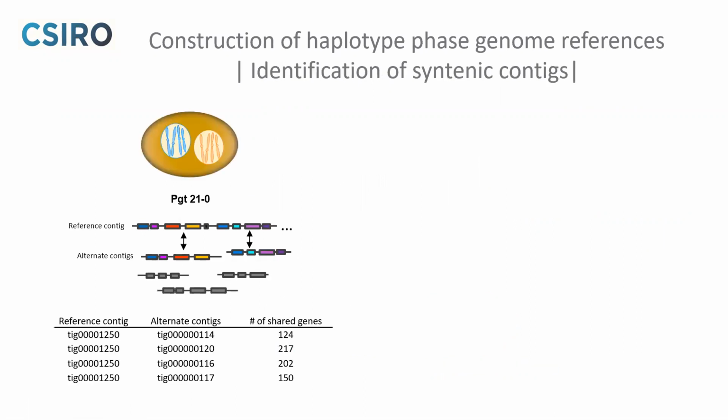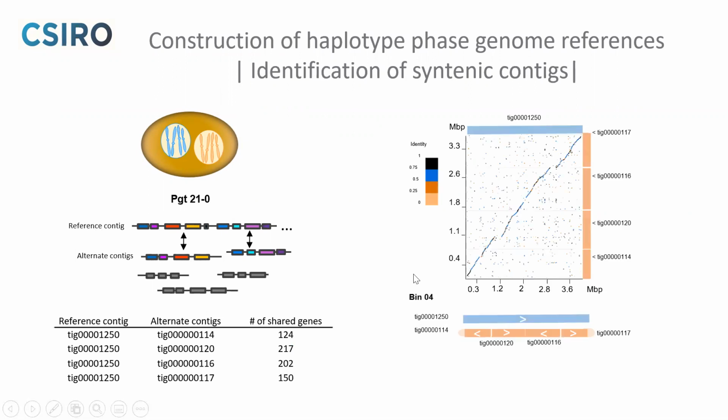Our next step was to assign the contigs of the assembly to the respective nuclei and therefore haplotypes. We took a synteny approach, using a reference contig as bait and looking for contigs that share a number of genes in common, as I'm showing in this example.